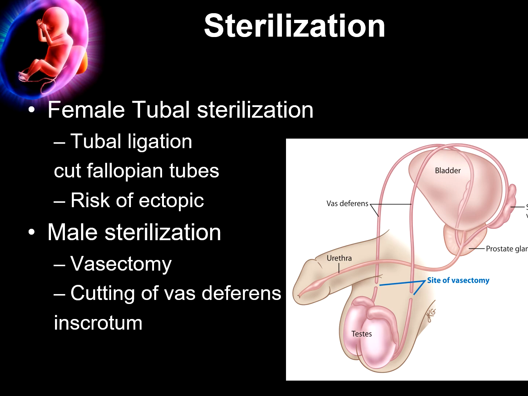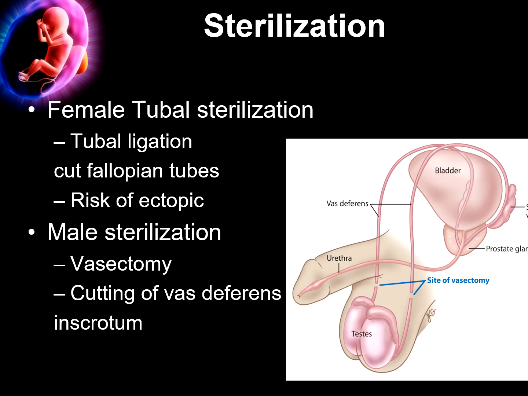So the woman really needs to know for sure that this is what she wants. There is a risk of ectopic pregnancy after the tubal ligation. With that small percentage of risk for pregnancy, most of the time if it occurs, it's going to be a tubal or ectopic pregnancy. General anesthesia is most commonly used, but regional anesthesia can be used.